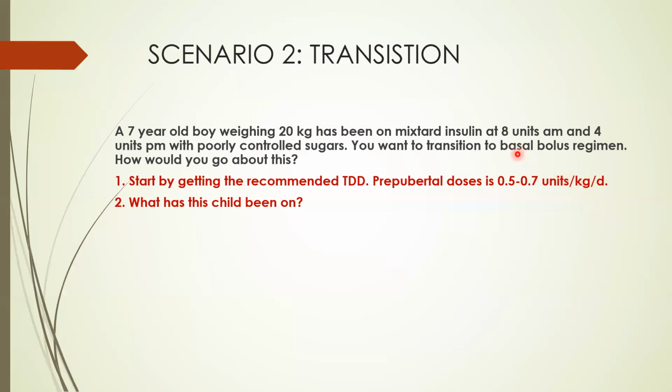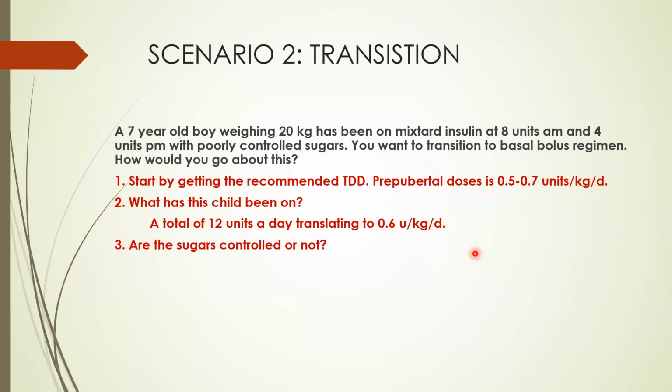For our child, the child was on mixed 8 units in the morning and 4 units in the evening. So that means the total daily dose is 12 units. 12 units divided by 20 kilos, you get 0.6 units per kg per day. And you find that this one is actually within the recommended total daily dose for the age.